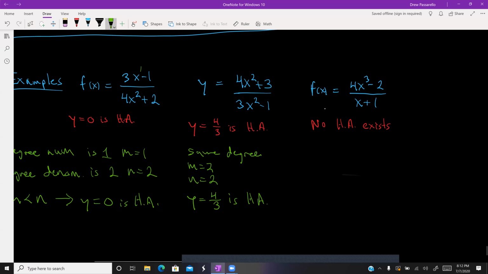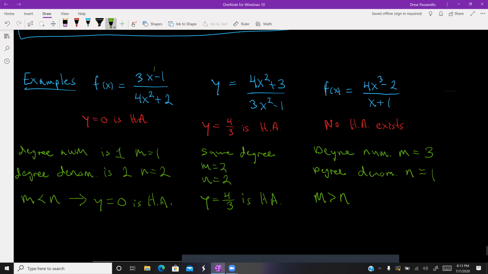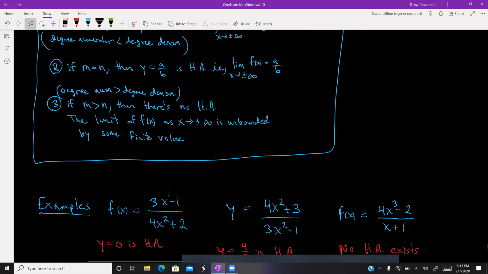And then for this last case, the degree in the numerator is 3, so m equals 3, and the degree in the denominator is 1, because x is the same thing as x to the first power. So this is a case where m is greater than n. The degree in the numerator is more than the degree in the denominator. That's the third case, so there's no horizontal asymptote.